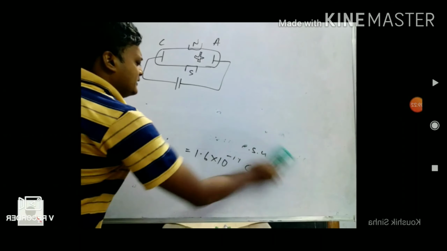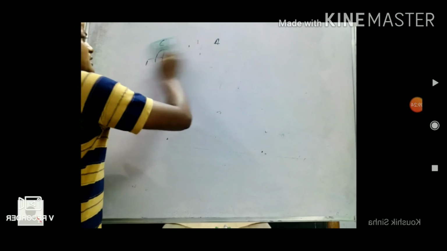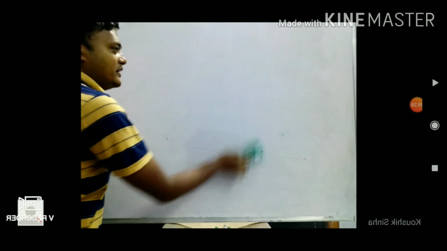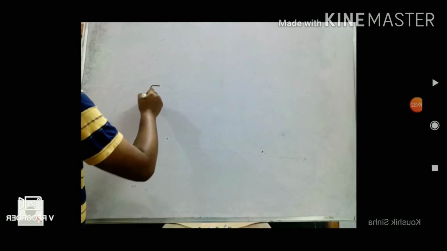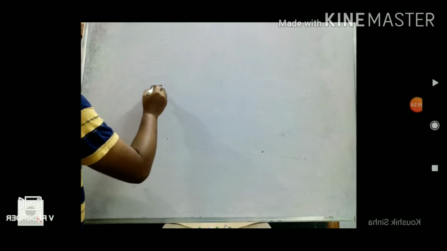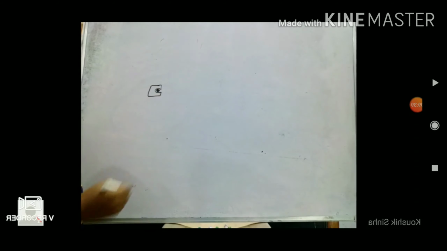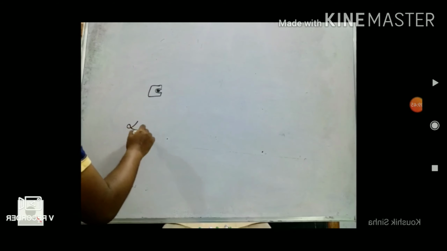The setup is not important. We just have to remember the observations, conclusions, and the atomic model based on them, the Rutherford atomic model. In the lead block, Rutherford placed an alpha emitter. That means a radioactive substance which emits alpha radiation. What is an alpha particle?